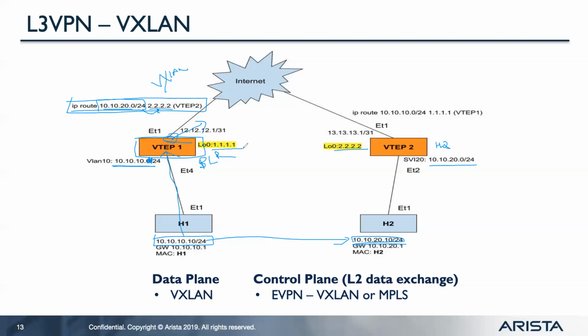Outer source VTEP IP is 1111, outer destination VTEP is 2222. We'll send it to the service provider backbone. They will just check the 2222 destination IP address and forward it to this VTEP device. Here we will decapsulate the VXLAN packet, and based on the destination IP, which is 10.10.20.10, it will be forwarded here.